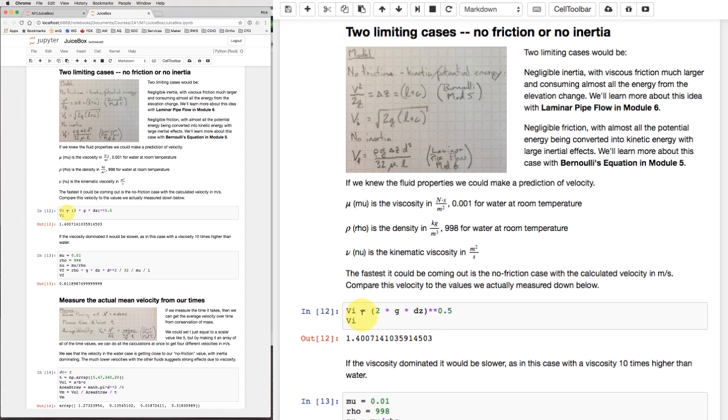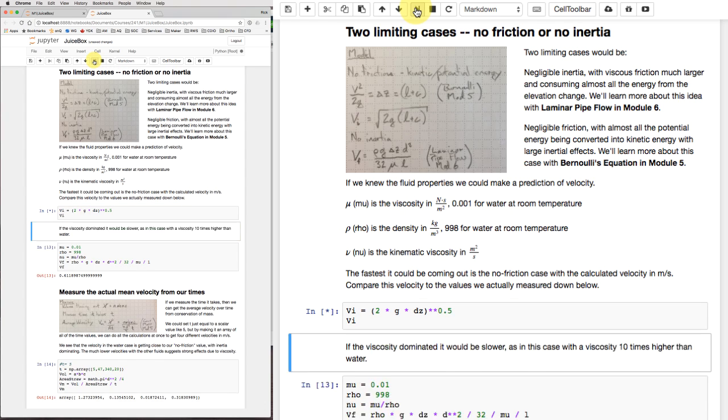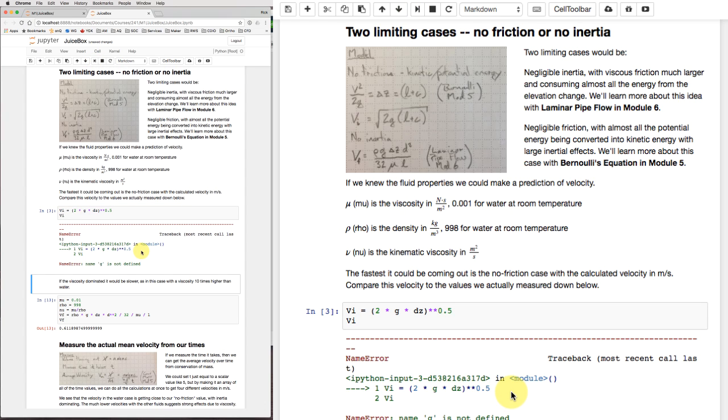So here I've just taken this equation from up here and I've typed it into this Python cell down here, and now I can run that Python cell and see what value comes out. So if I hit the play button, whoops, I got an error. Why did I get that error? It says g is not defined.